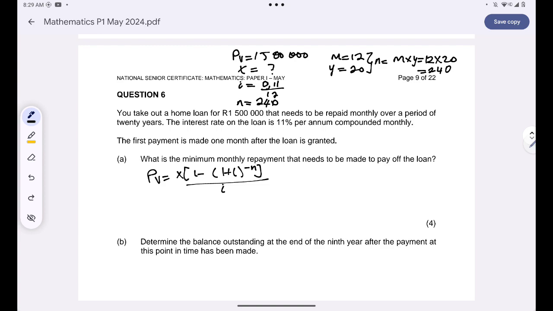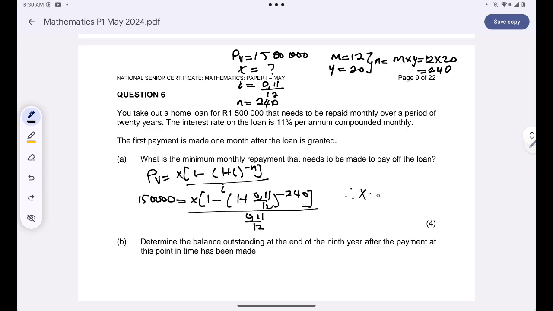The only unknown that I have is X. So for me to calculate, I just simply need to substitute everything here. The present value, 1,500,000 is equal to X, 1 minus, no, it's not 1 plus, it's 1 minus 1 over 12 to the power negative 240, 0.11 over 12.